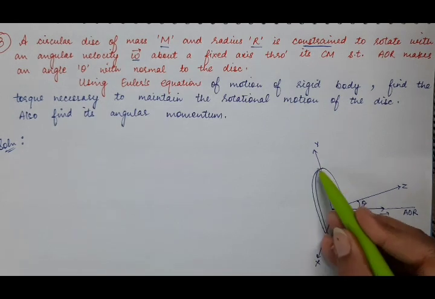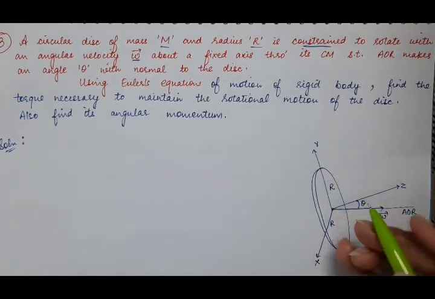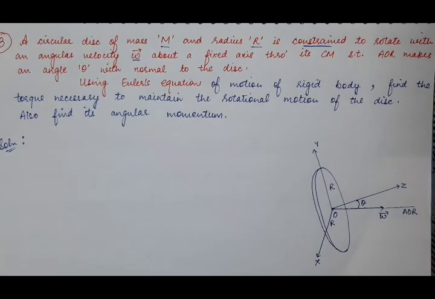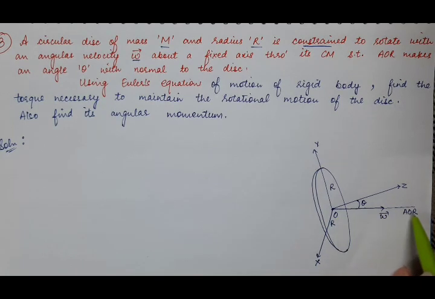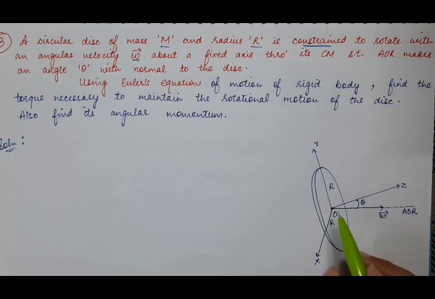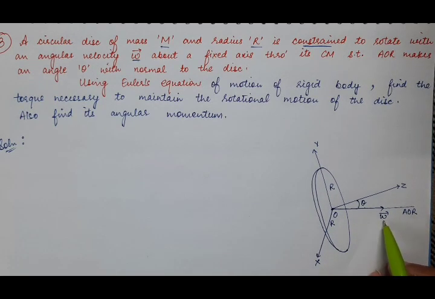So this is the circular disc with center at point O, and its center of mass also lies at this point O, which also acts as the origin of the coordinate system XYZ. If we take this as the axis of rotation, it passes through the center of mass, and we know that the direction of the angular velocity vector is in the direction of the axis of rotation.